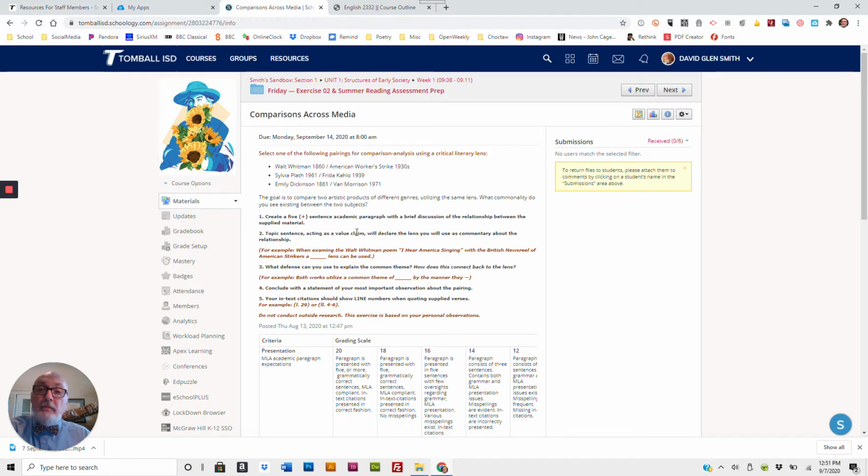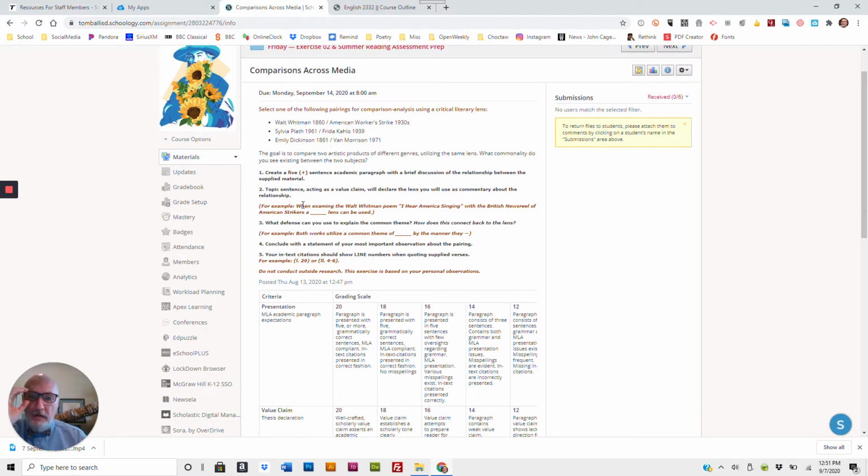Again, the quantity of the sentence is important. The quality of your grammar is also important. I've given you an example of a working value claim, the topic sentence, and an example for the second sentence, the secondary evidence sentence, based on what is a common theme between the two subjects.